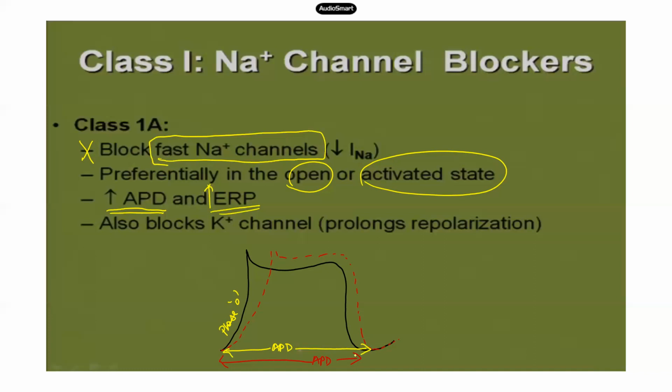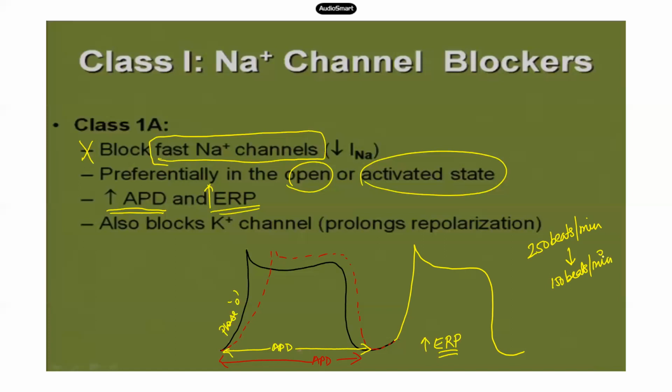And when I increase the action potential duration, I have also indirectly increased the effective refractory period. That means it will take longer than usual for this cell to initiate another action potential. So when that happens, in a case of arrhythmia, the 250 beats per minute the patient was experiencing will now dramatically drop down to 150 beats per minute.